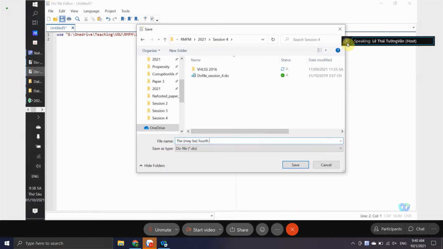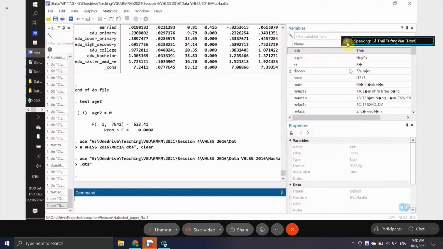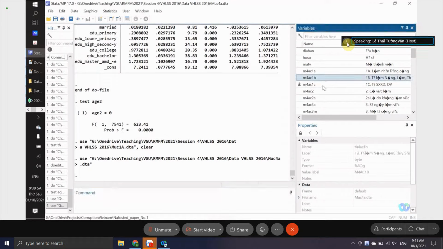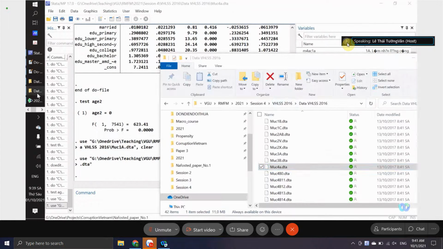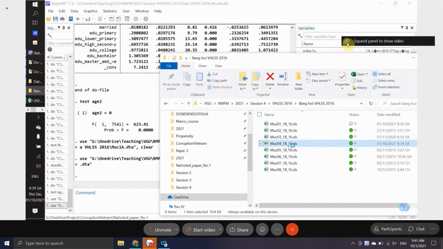Okay, so this is maybe the do file of my life. Okay, good. Now you load the data into memory, and you see that the variable names are named exactly according to the variable names in the questionnaires.